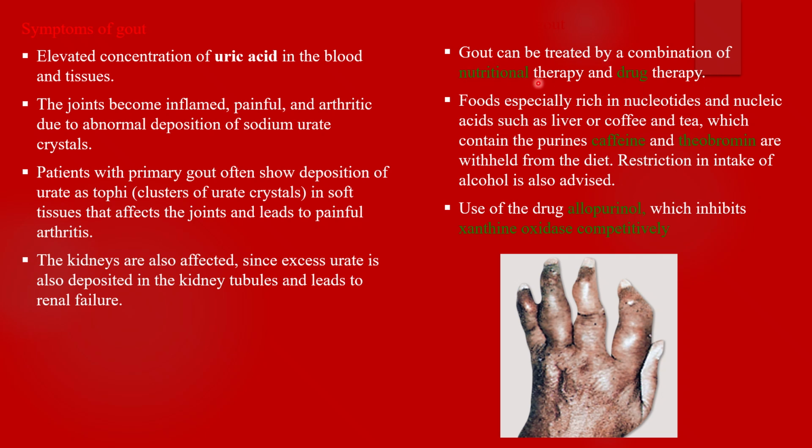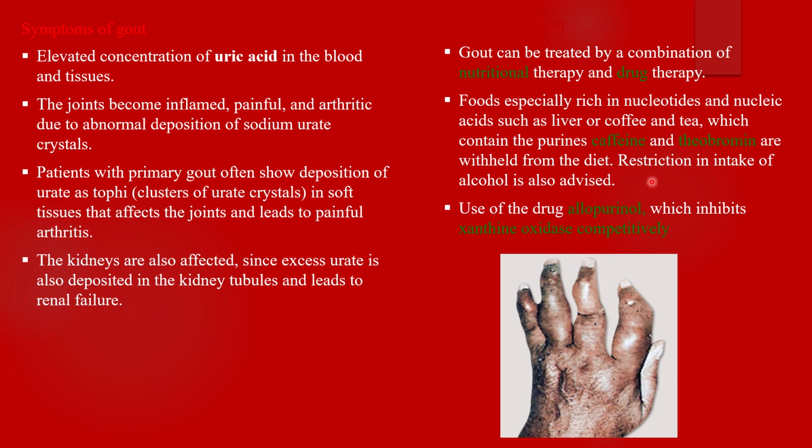Gout can be treated by a combination of nutritional therapy and drug therapy. Dietary modification can be done along with the drug therapy. Foods especially rich in nucleotides and nucleic acids, such as liver, and coffee and tea, which contain purines like caffeine and theobromine, should be restricted in the diet.